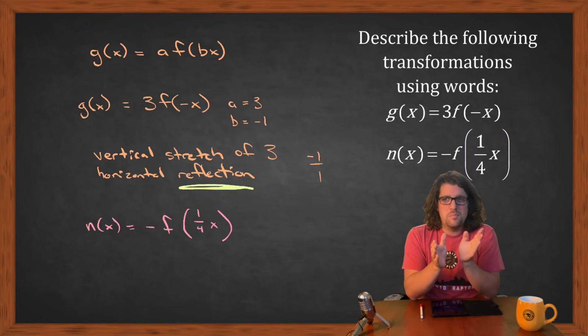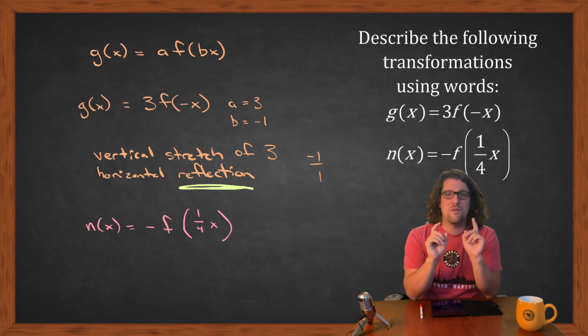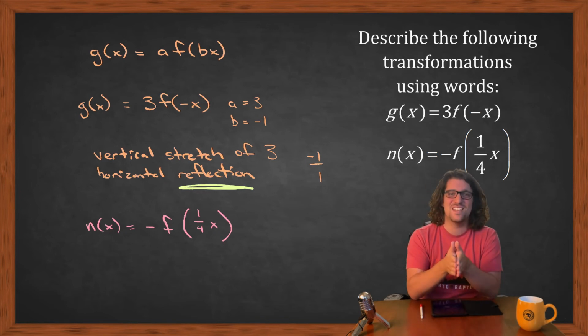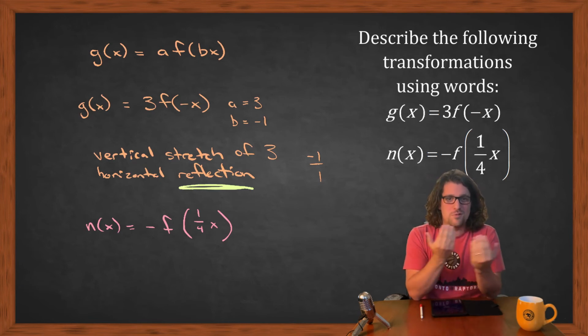Now, it is important to know that some people will say these things differently. So I've said horizontal reflection and vertical reflection. It is also entirely okay to call a horizontal reflection a reflection about the y-axis, because the y-axis is the line of reflection for your horizontal reflections.